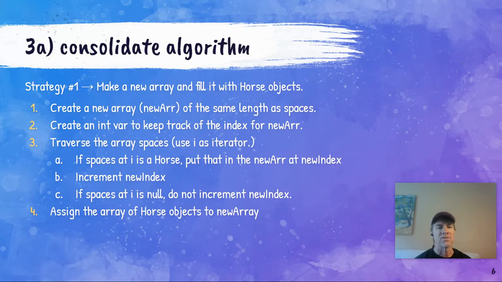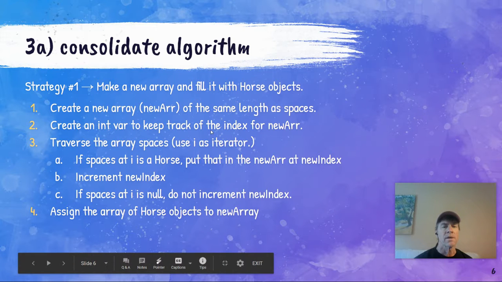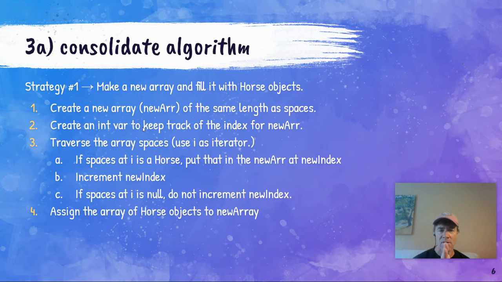And that is, I'm going to make a new array that is the same length as the spaces array. Then I'm going to create a temp variable that will keep track of every time that I put a new horse in my new barn. I'm going to increment that.